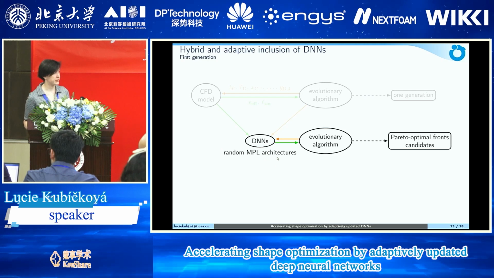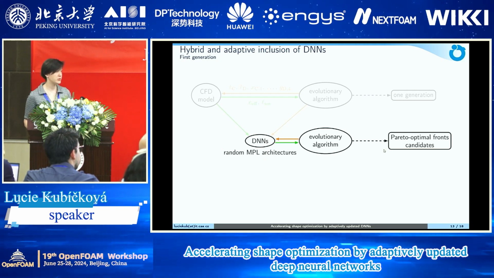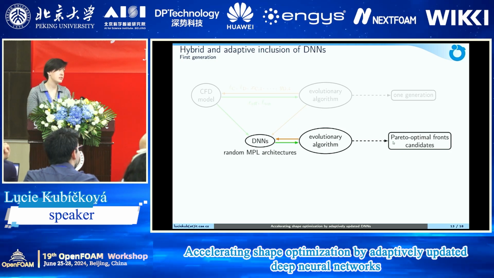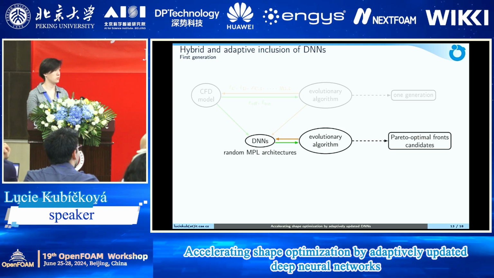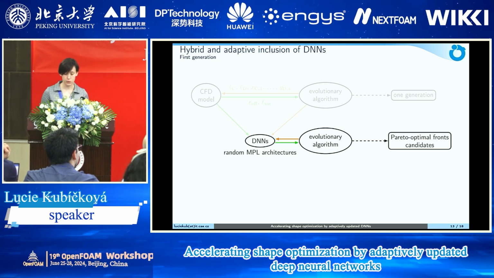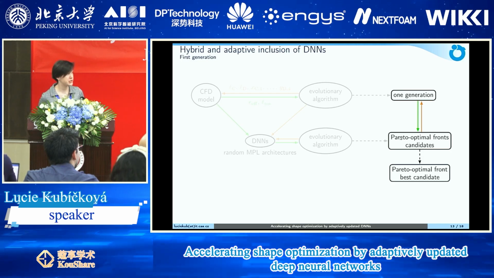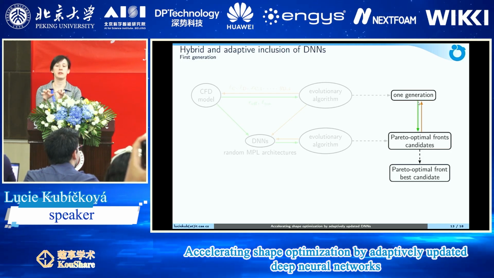Then we let them optimize and get some Pareto optimal candidates. But these candidates, well, we don't know if they are good or not, so we need to somehow say which is the best candidate. So what we do, we compare the shapes in these with the first generation, and we are looking for similarities.